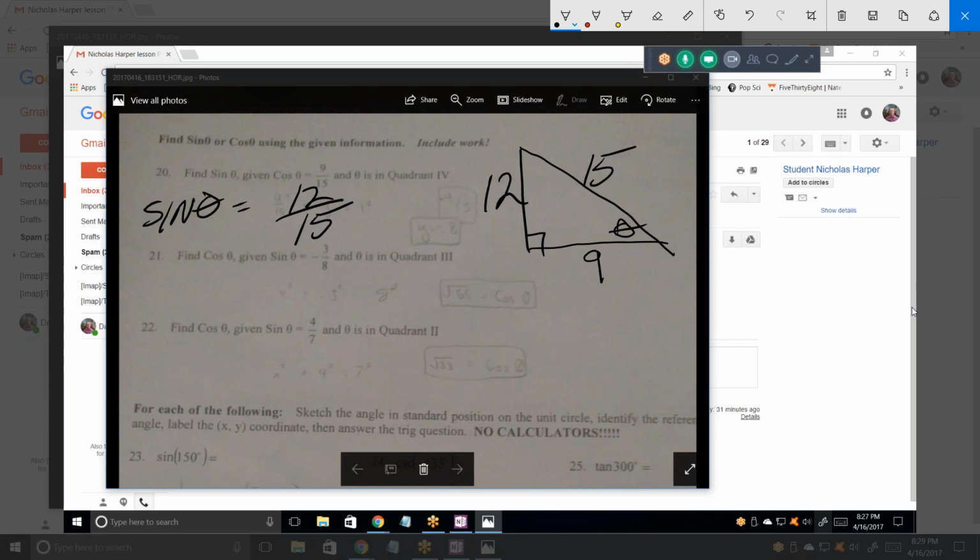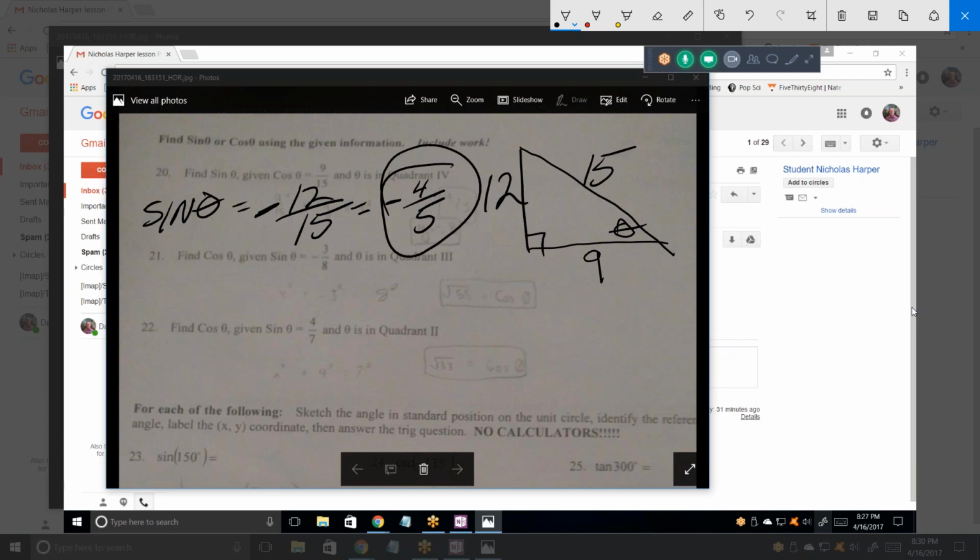Well, what quadrant are we in? The fourth. What sign in the fourth? The negative. That's how I do it. And then, of course, that can be simplified, and you do want to simplify it to -4/5. You never want to give an answer that's not simplified if you can simplify it.